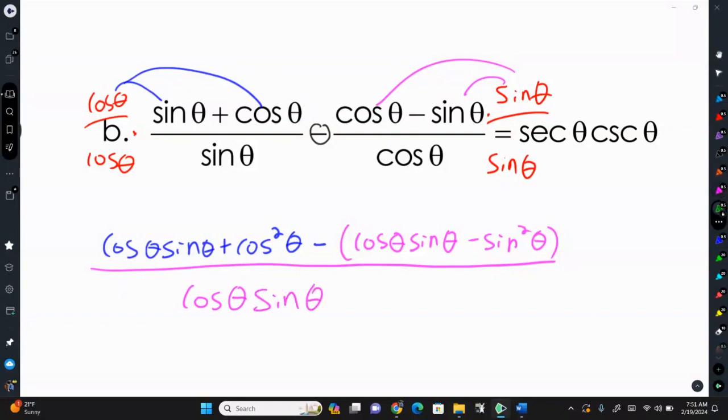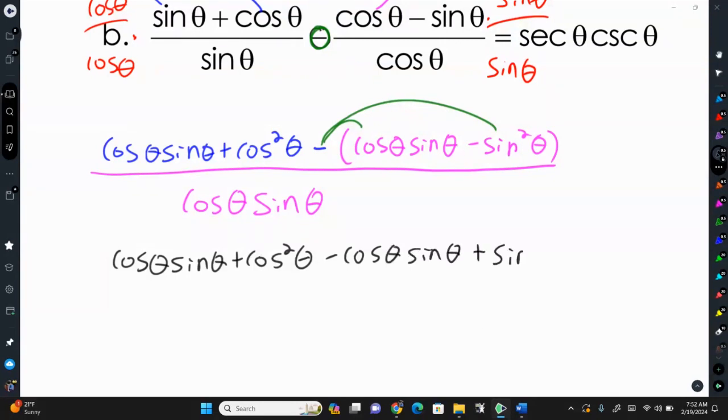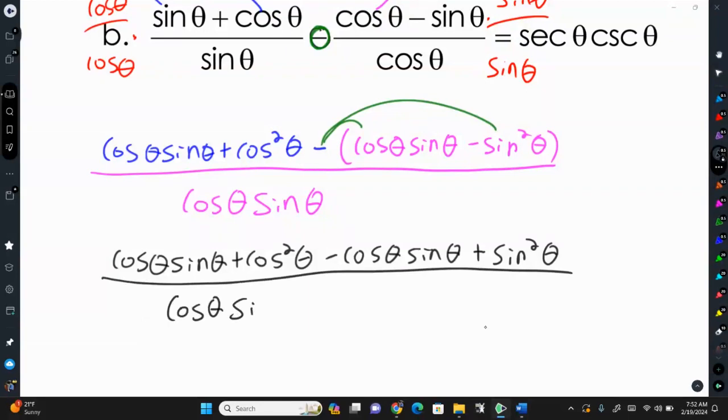Now remember, I used parentheses because there's a negative sign right there, so that I remember that the negative goes to both things. So now I have cosine theta sine theta plus cosine squared theta minus cosine theta sine theta plus sine squared theta, all over my common denominator of cosine theta times sine theta.